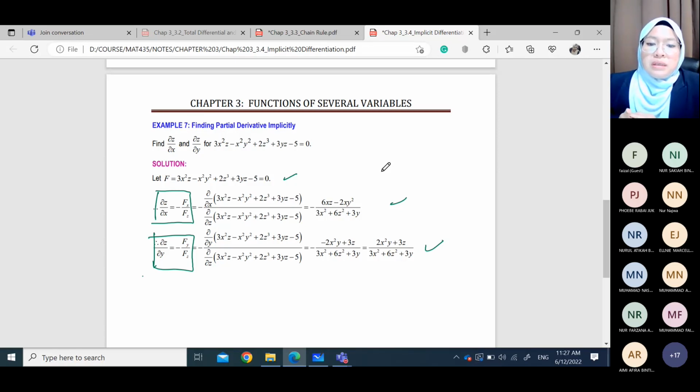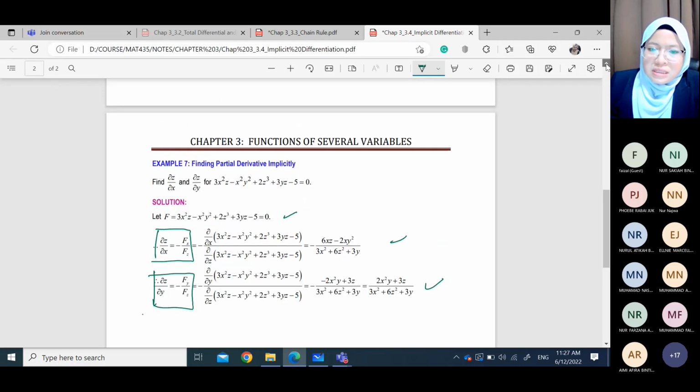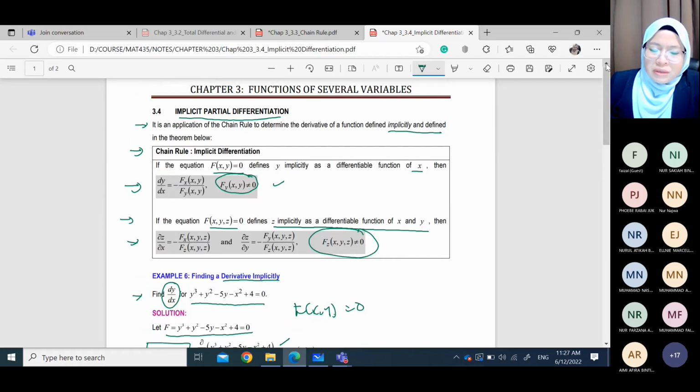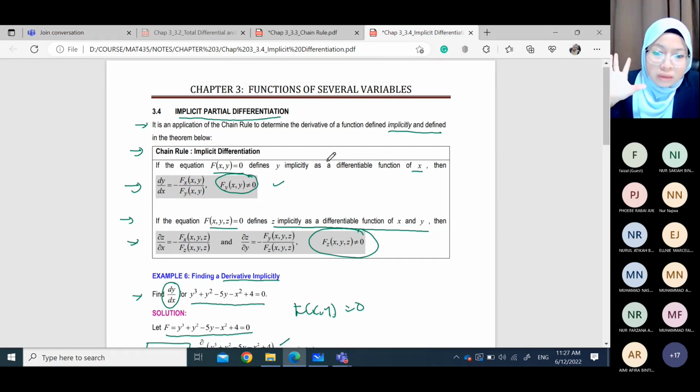Let's say we have a surface, and you want to find its changes, then we can apply this implicit differentiation. This implicit differentiation is actually one of the applications in chain rule. So for chain rule we use the formula from earlier. Instead of that one, we also can use this one. Kita juga boleh gunakan yang ini.